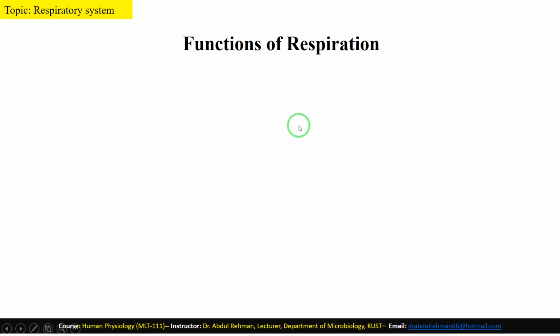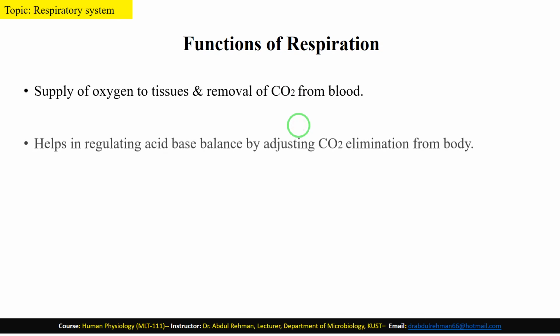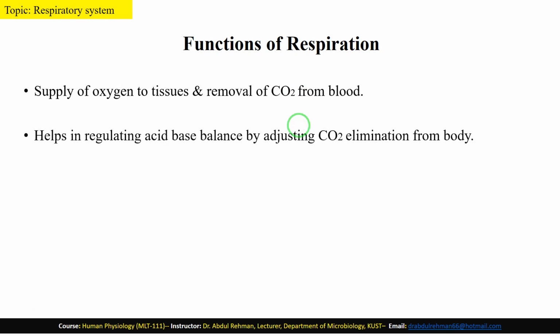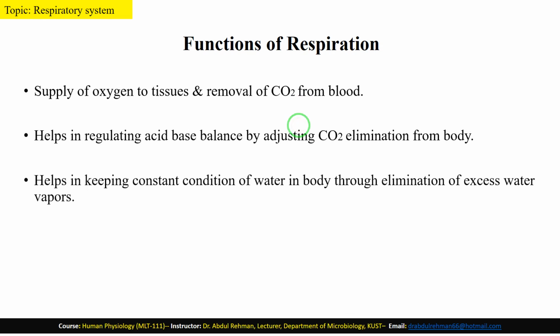What are the basic functions of respiration? It supplies oxygen to the body and removes carbon dioxide from the blood. By removal of carbon dioxide, it maintains acid-base balance within the body, and at the end of respiration, water vapors are produced that maintain the body's normal fluid level, because water is one of the principal elements of life; without water, life cannot exist.